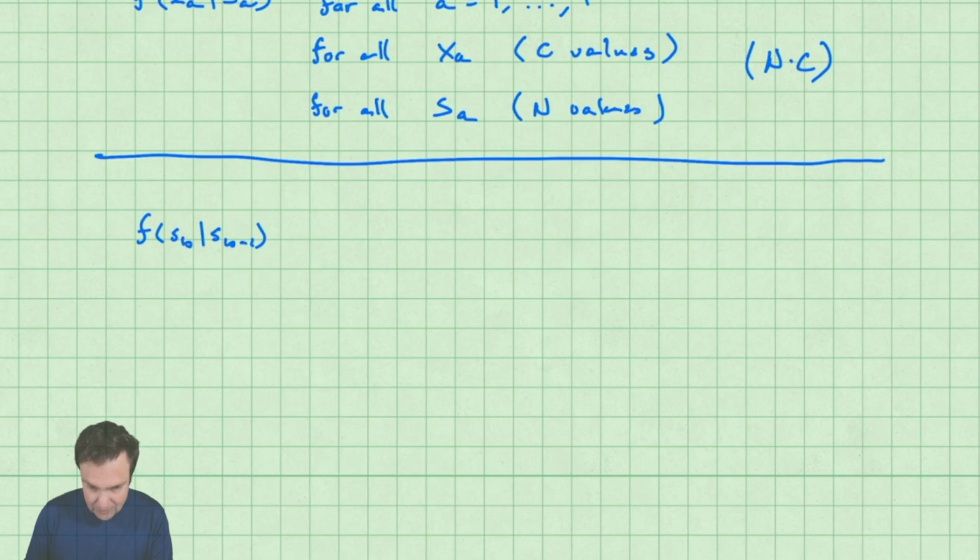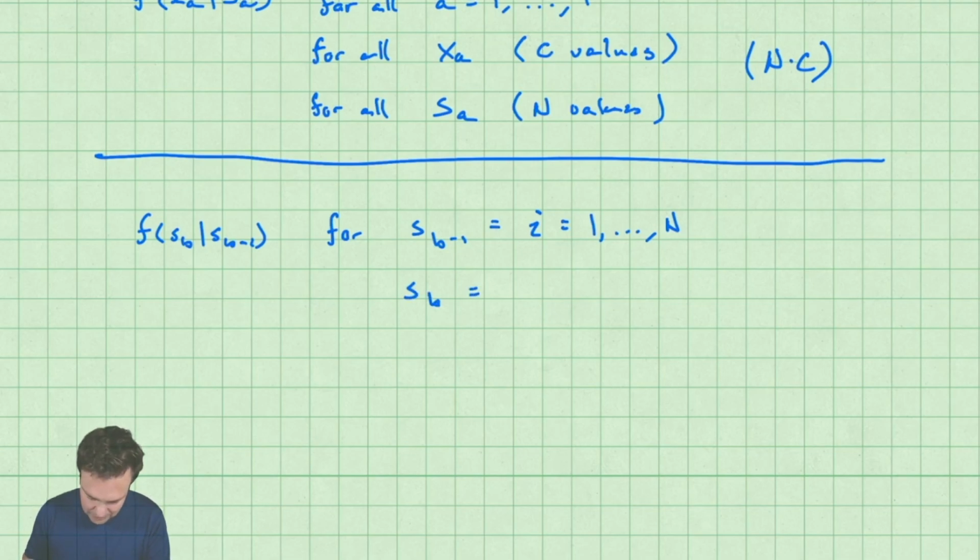This is for S(b-1) equaling, let's say i equaling 1 up to n, and then Sb. This isn't the range of b's, this is the range of what values s can take.